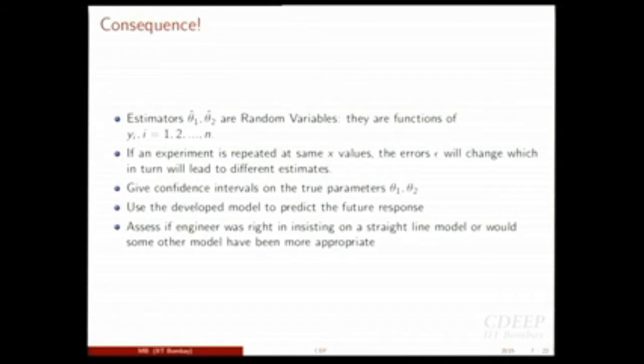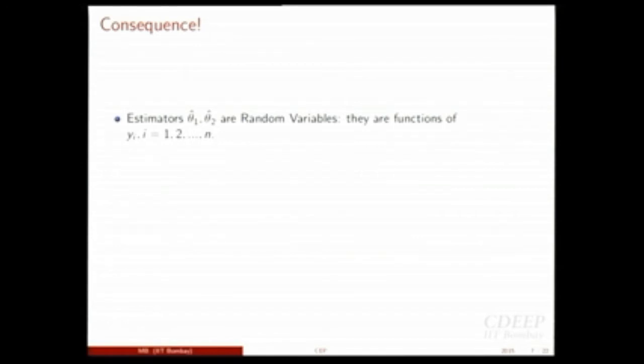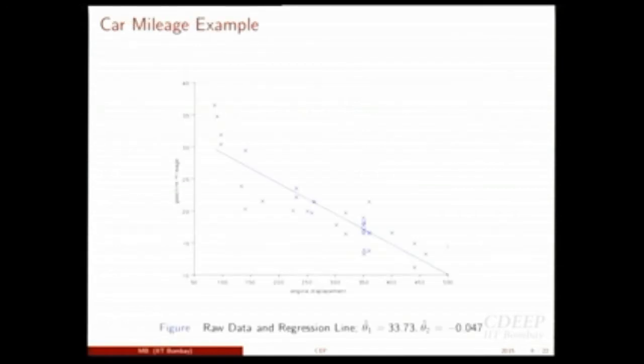So we want to use this interpretation to give a confidence interval on the true parameters. Since these numbers can change, how do I report these values to you? If I report the values as this and this, tomorrow you may repeat the experiment and find that this one has changed, it has become 60, and this one has become plus 5.